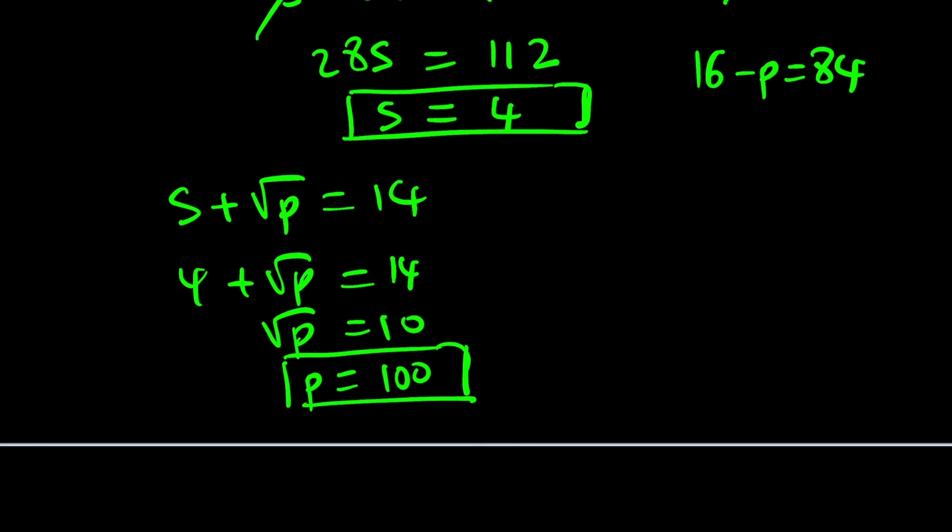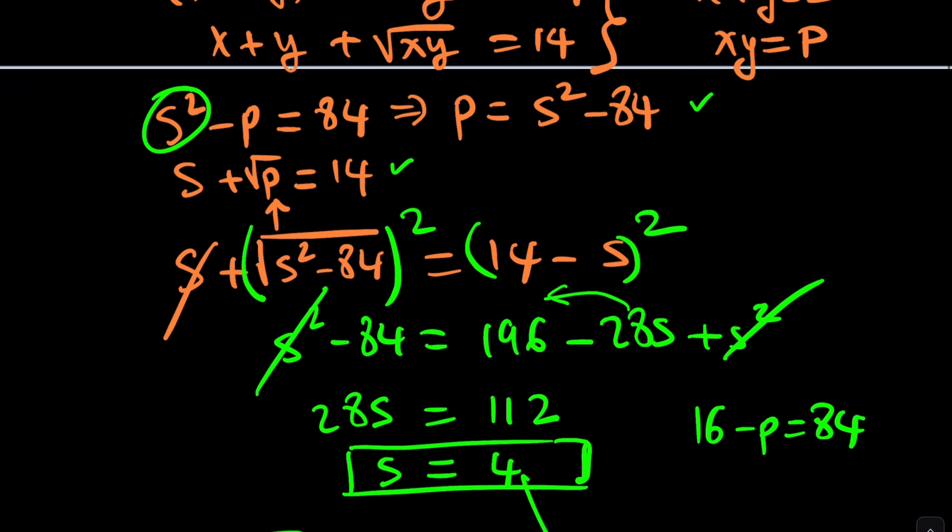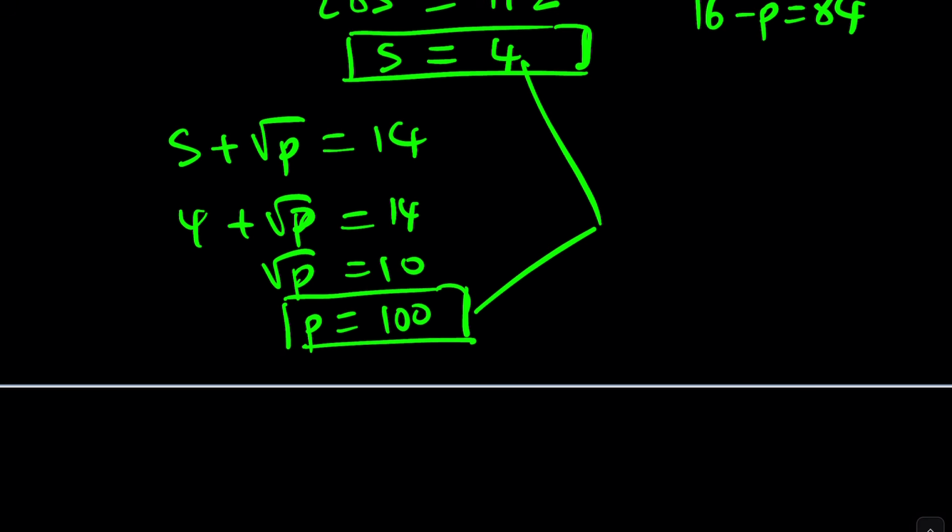So we got the values of p and s so far. From here, we could basically set up a quadratic equation by using Vieta's formulas in the opposite direction. Let's say t represents the sum and the product. And by the way, what I mean by that is here we got x plus y equals 4 and xy equals 100, right?